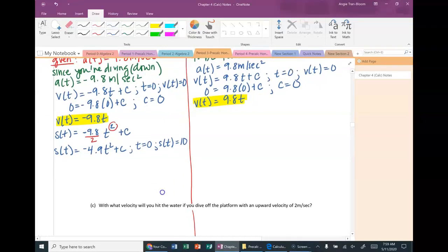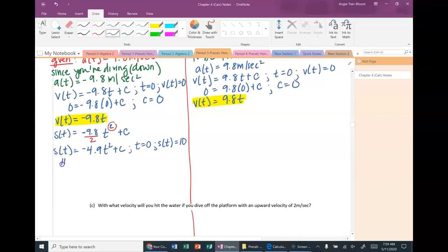So we have to plug it in and solve for c. So this is 10 equals negative 4.9 times 0 squared plus c. So c comes out to be 10. So your position is negative 4.9 t squared plus 10. We'll hold on to that and we'll go to the right and solve it similarly on the right side.